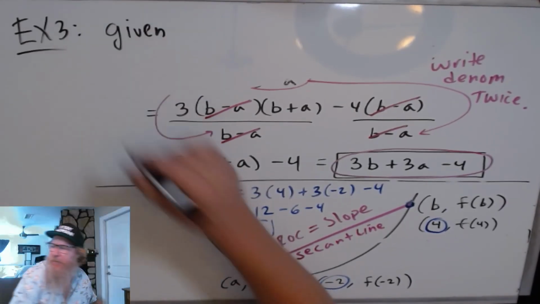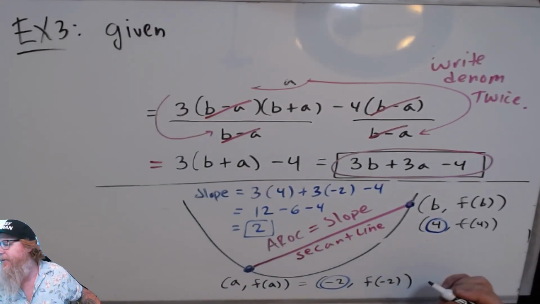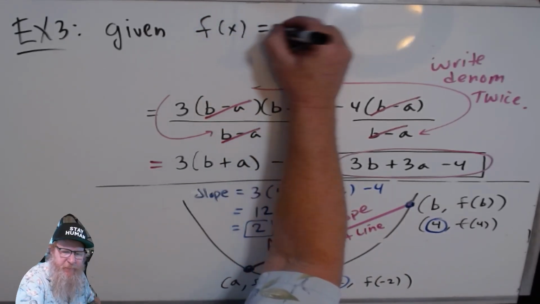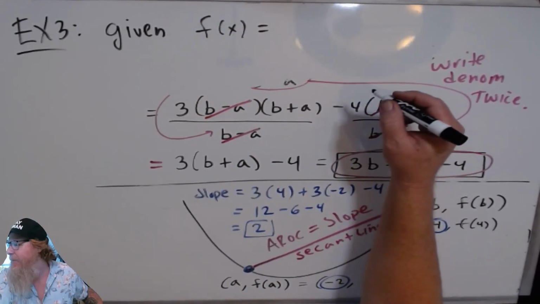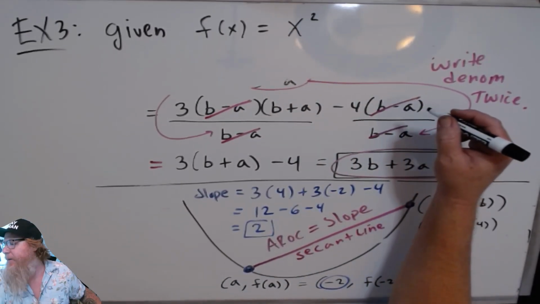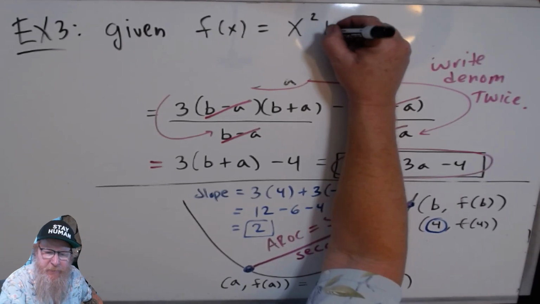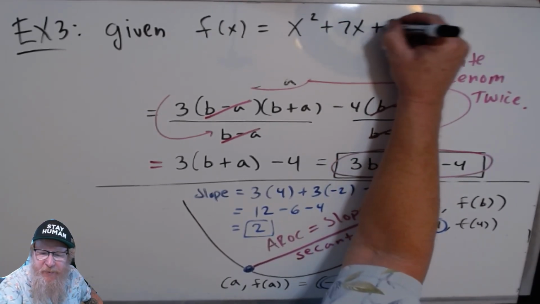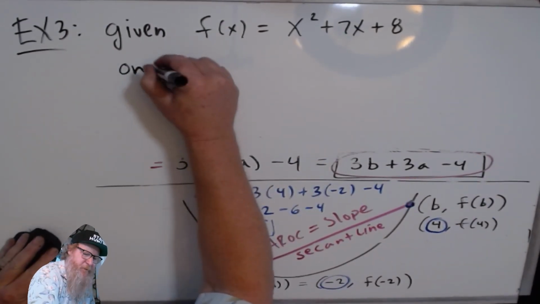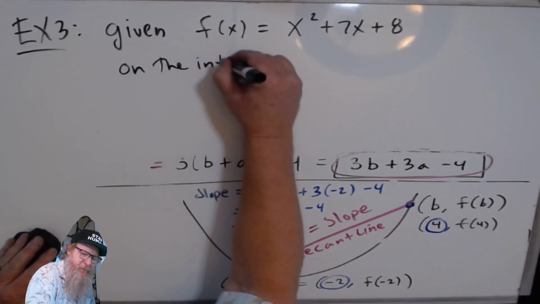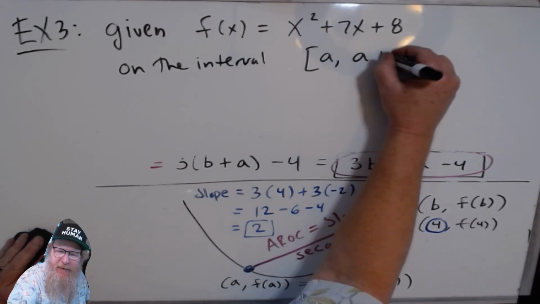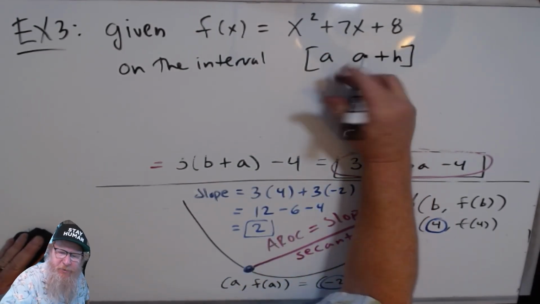Let's take a different function. Not too much different, but just something a little bit different. How about x squared plus 7x plus 8 on the interval a and a plus h.